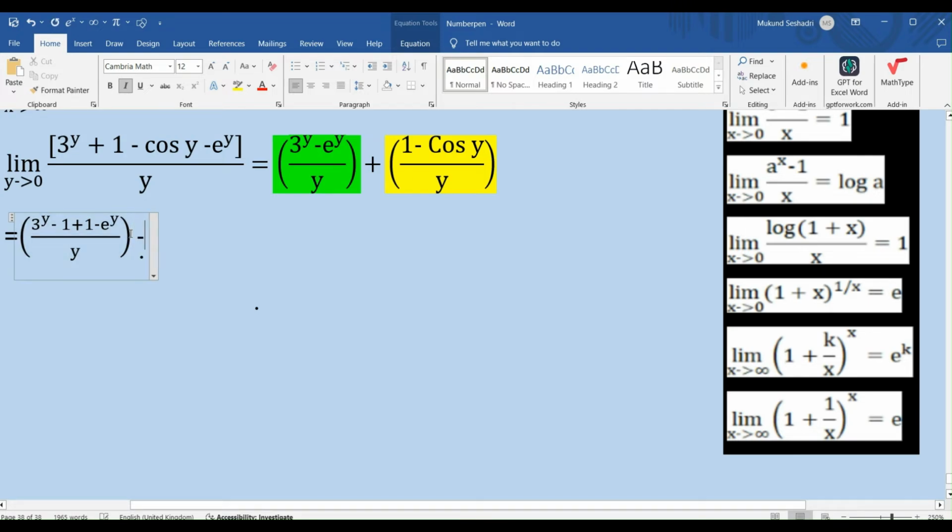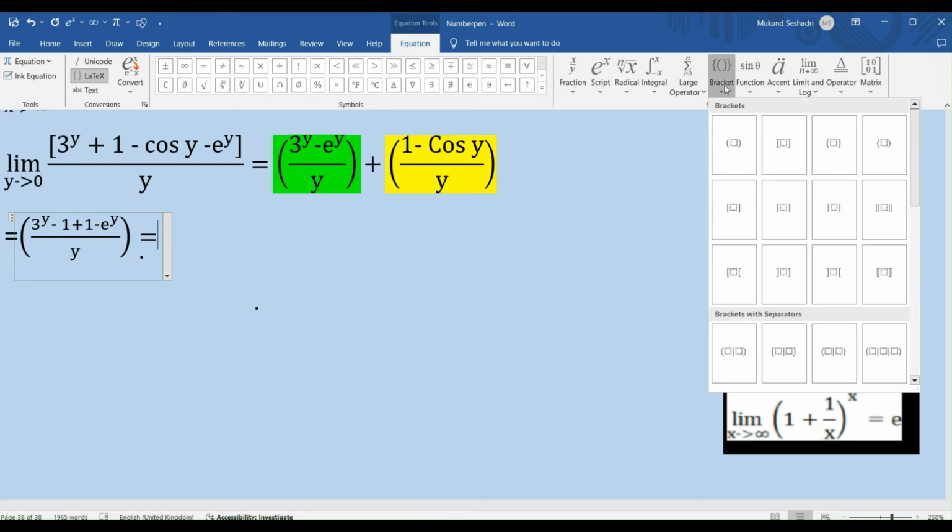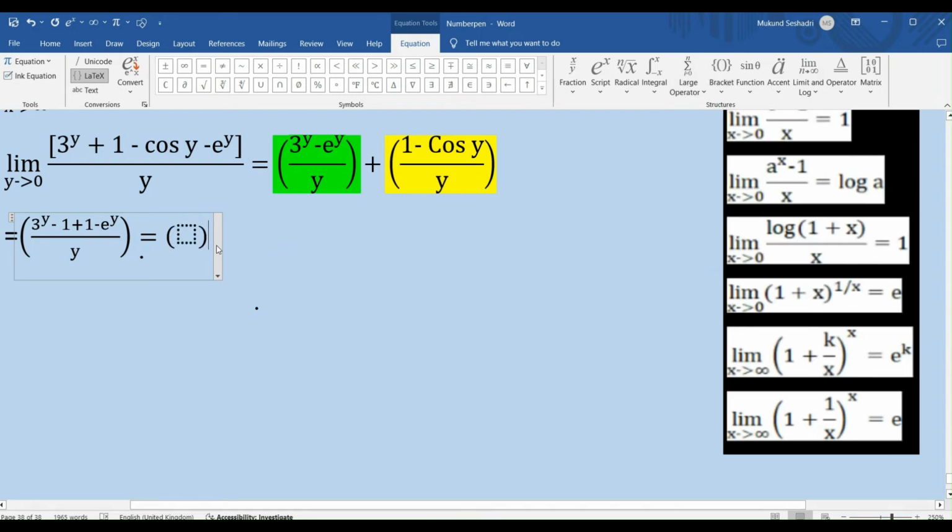So when I rewrite this, I can rewrite this as 3 to the power y minus 1 divided by y, right? We are good with this.